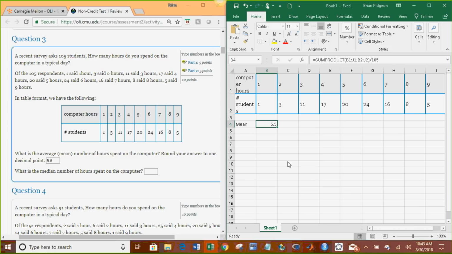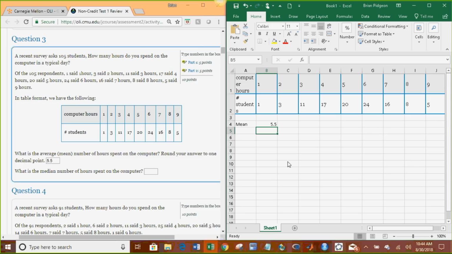So anyway, going back to this problem, what is the median number of hours on the computer? We have 105 observations. That means the median is going to be the exact middle observation. In a data set with an odd number of values, the median is going to be the exact middle value. But if your data set has an even number of observations, it's going to be the average of the middle two.